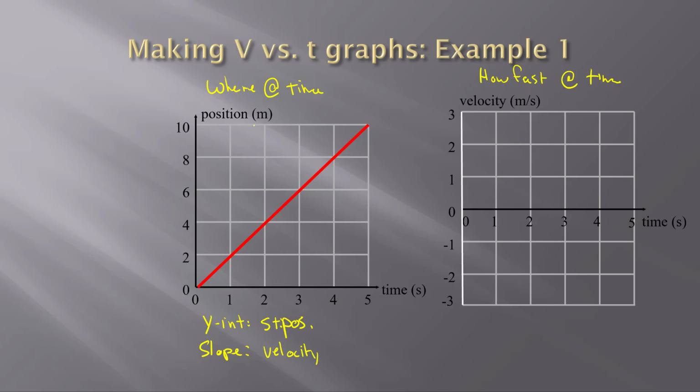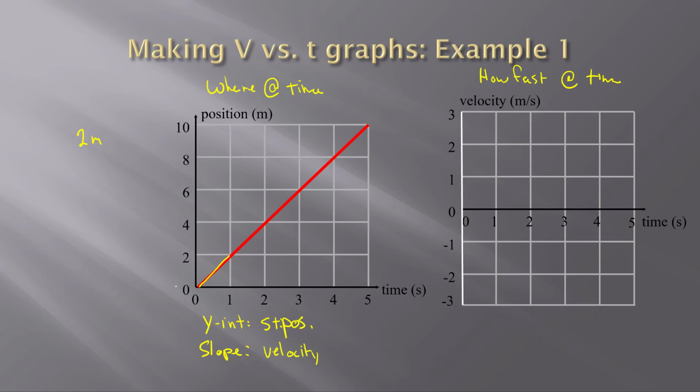Well, again, the slope of this is going to describe the velocity. So let's just look at the first second from 0 to 1 and see what we can come up with over here. Again, we have to find the velocity. So if I want to find the slope, I need the rise over run, and the rise is 2 meters.